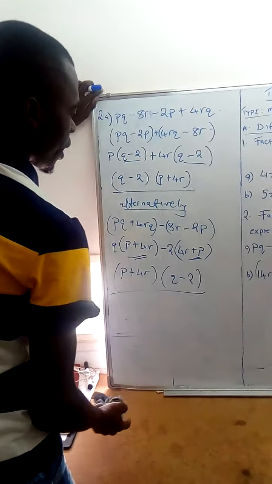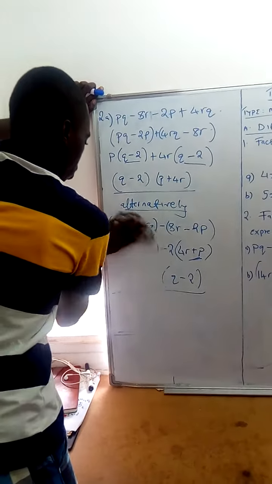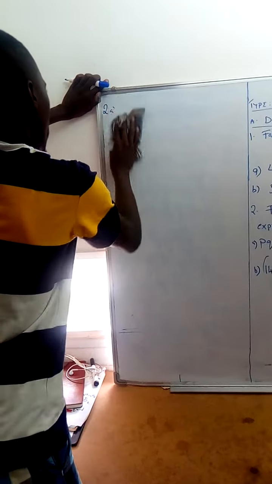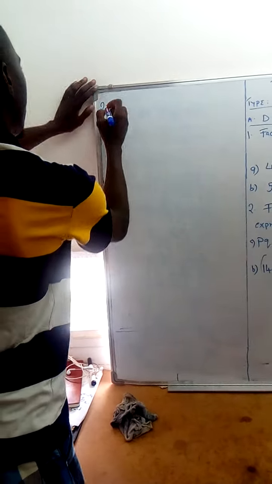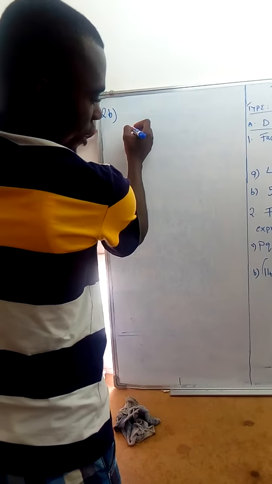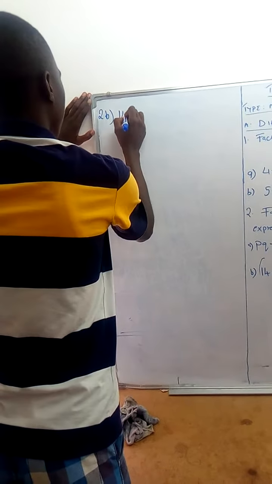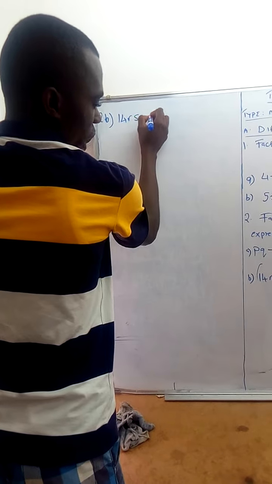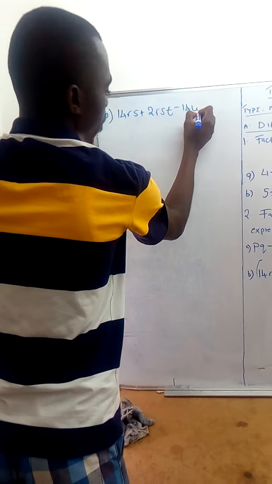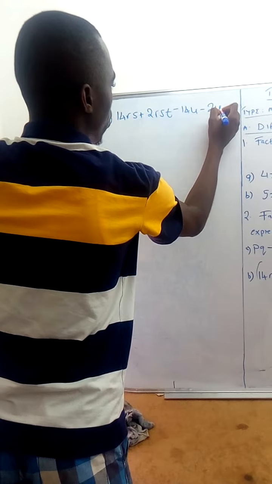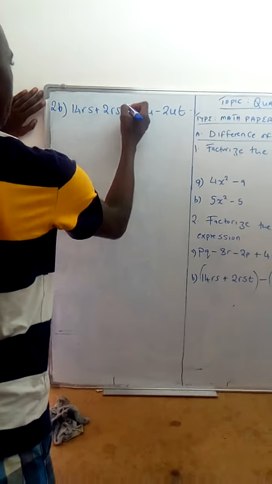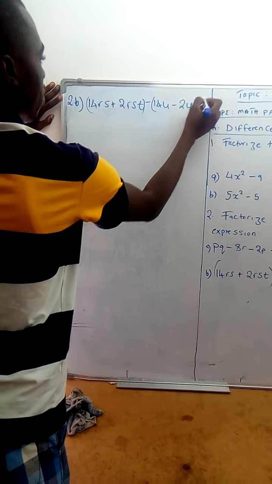Okay, let's look at the last concept for today's lesson, which is the last question there, question 2b. So in question 2b, they are saying this is 14rs plus 2rst minus 14u minus 2ut. So this one, you can go directly and group them 2, 2.